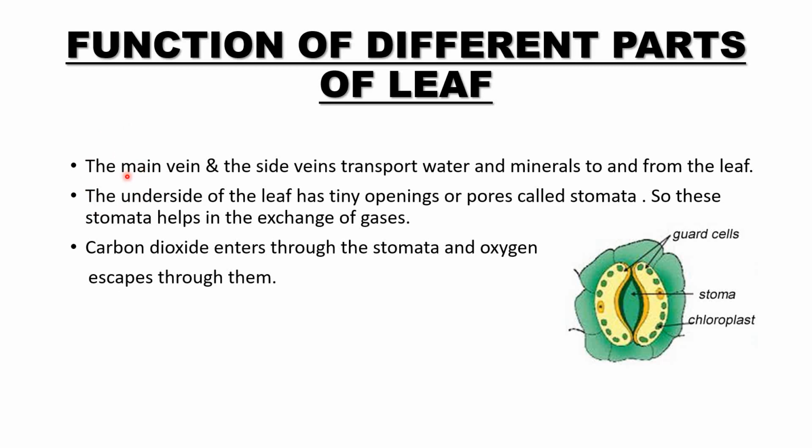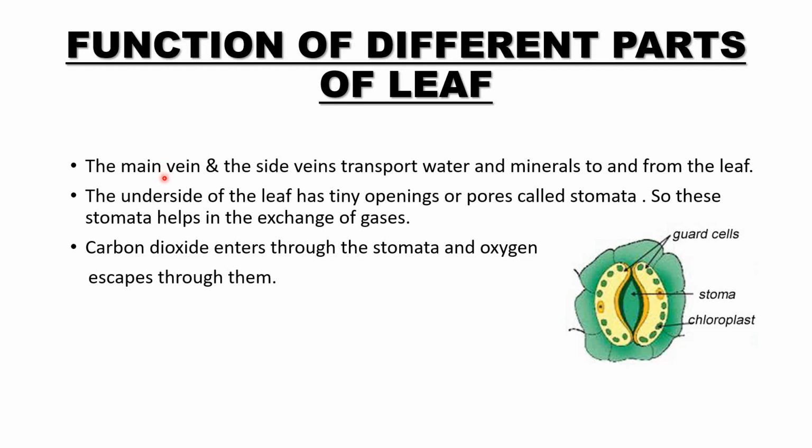The main vein which is running at the center and the side veins which arise from the main vein. Now, what is the function of veins? The function of the vein is to transport water and minerals to and from the leaf. So now you understood that water is being transported to the leaf through veins.